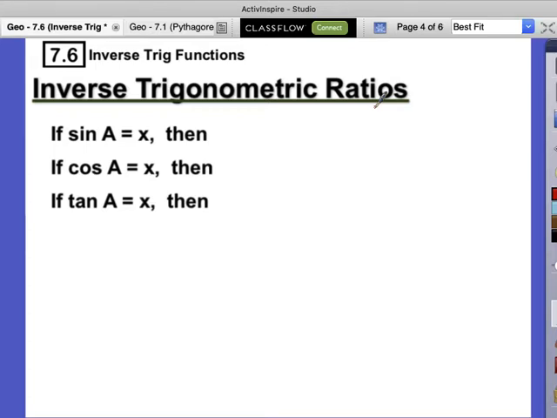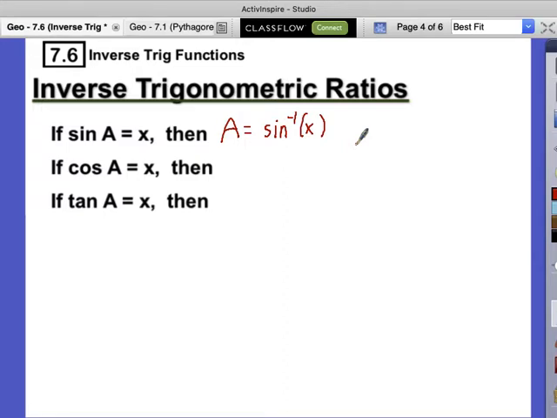If sine of angle A is equal to x, then angle A is equal to the inverse sine of x. That's what that means.